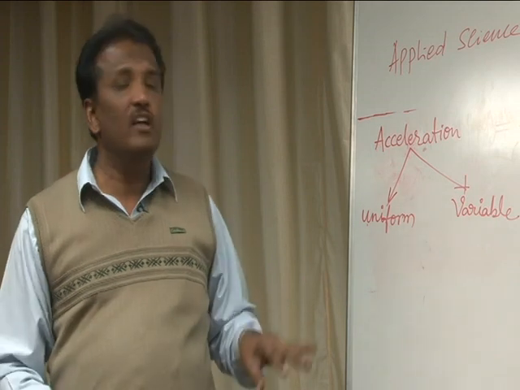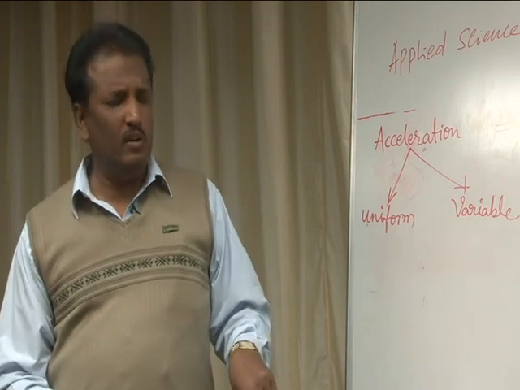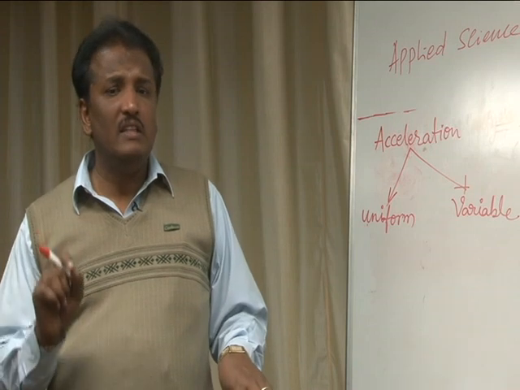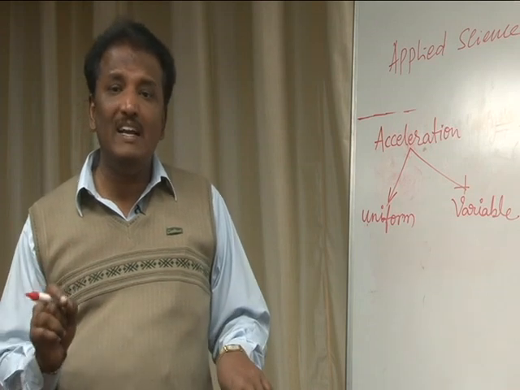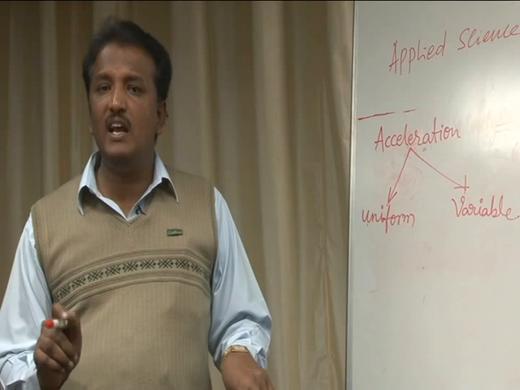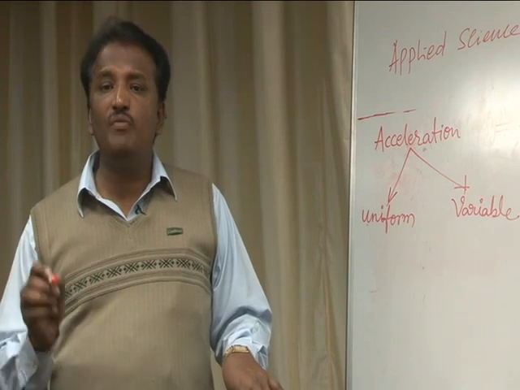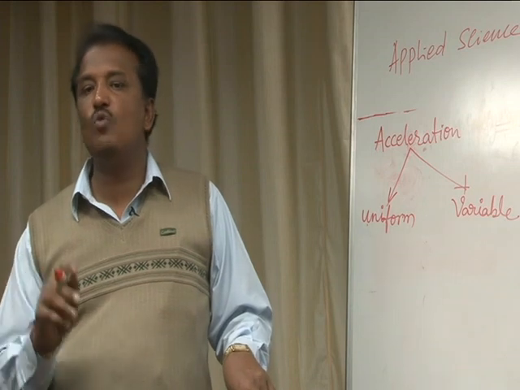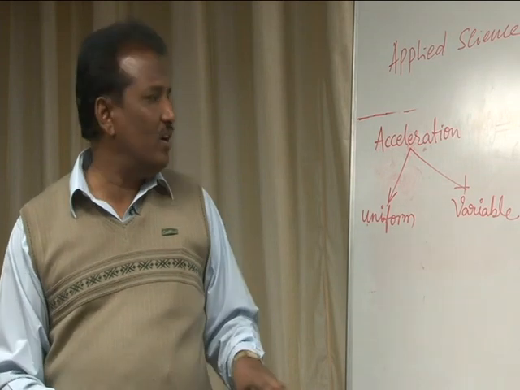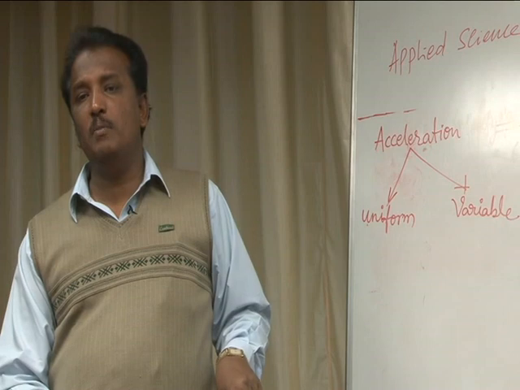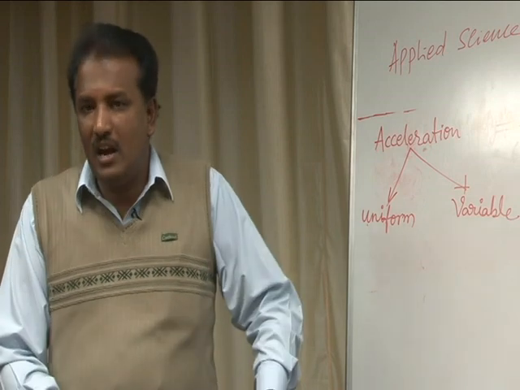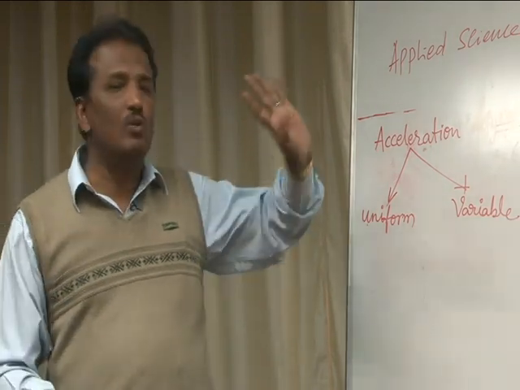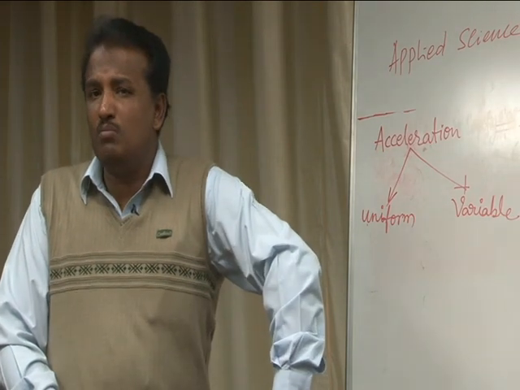So, when a body is under motion, the acceleration possessed by it is uniform if there are equal amounts of changes in its velocity in equal intervals of time, however small the intervals may be. Then you call the corresponding acceleration uniform.